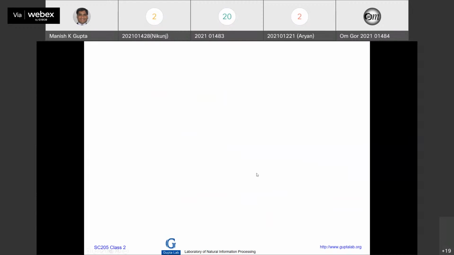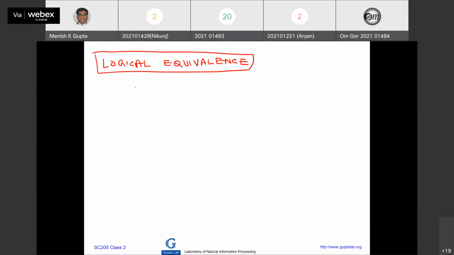Now logical equivalence. So compound propositions P and Q are logically equivalent if P if and only if Q is a tautology. Right?